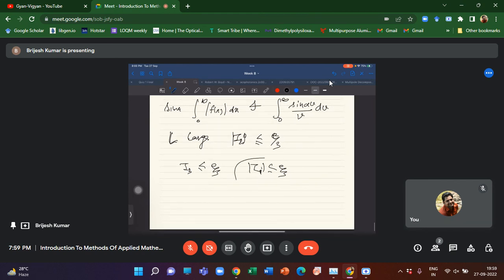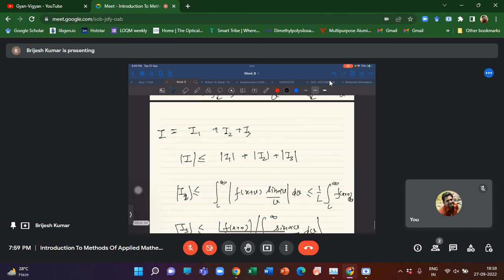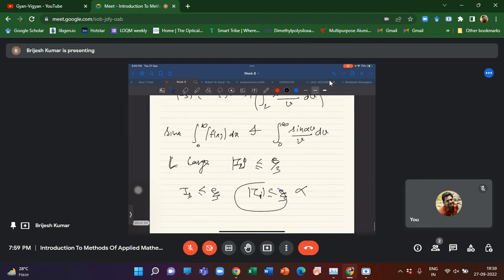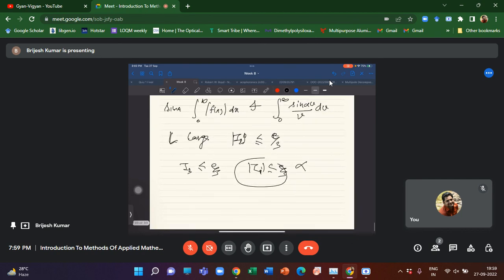This is when alpha is very small, then we can choose like that. Then from this equation 4, we can write that I will be less than epsilon for alpha and L sufficiently large. If alpha and L are sufficiently large, then we can write I less than epsilon.